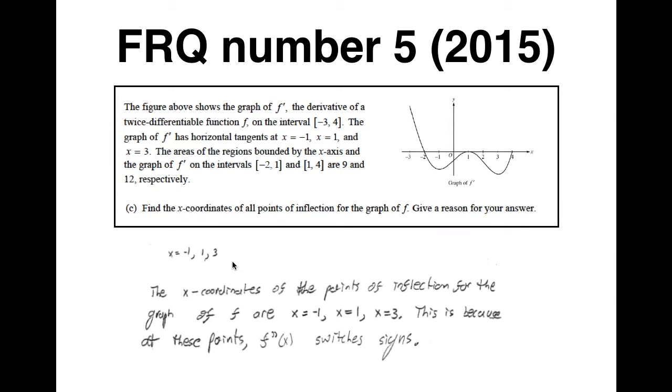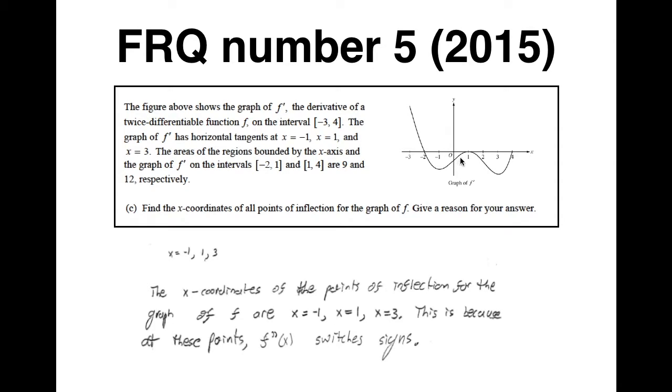The first student identifies 3 points: x equals -1, x equals 1, and x equals 3. The x-coordinates of the points of inflection for the graph of f are x equals -1, x equals 1, x equals 3. This is because at these points f double prime of x switches sign. It's correct. On the graph of f prime we see this is decreasing then increasing, so f double prime will switch from negative to positive.